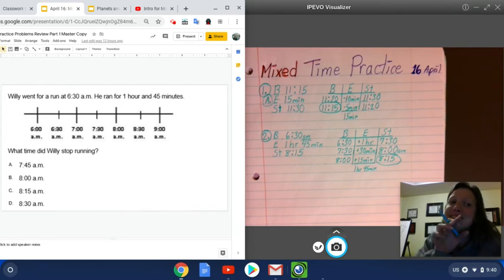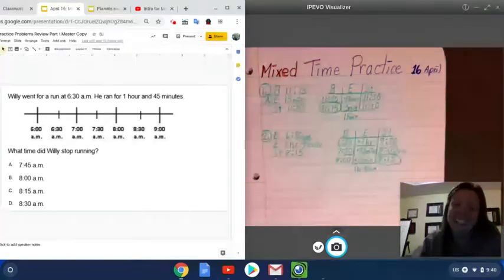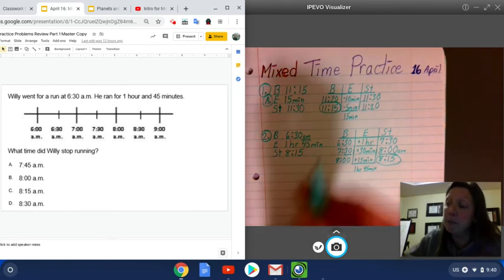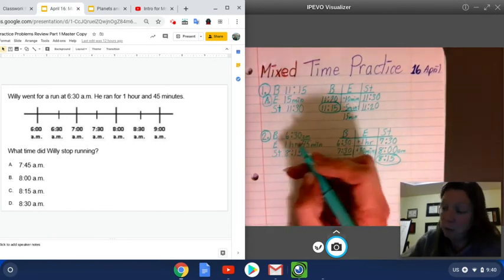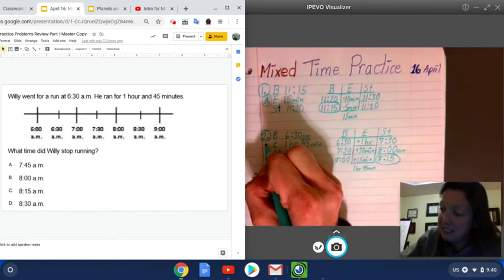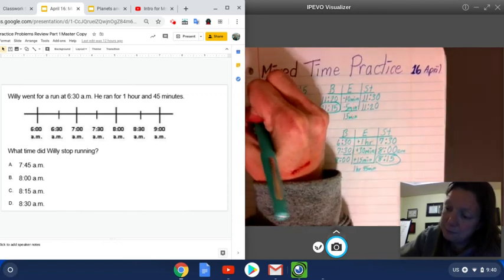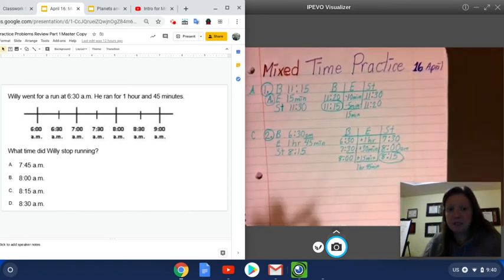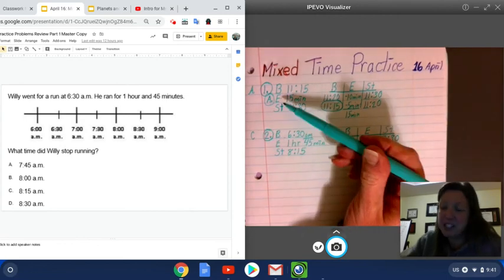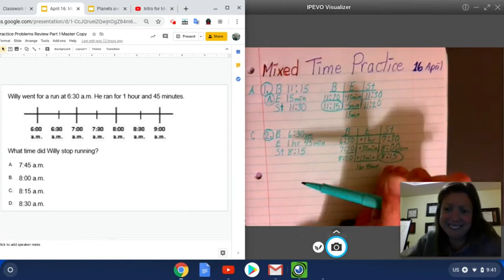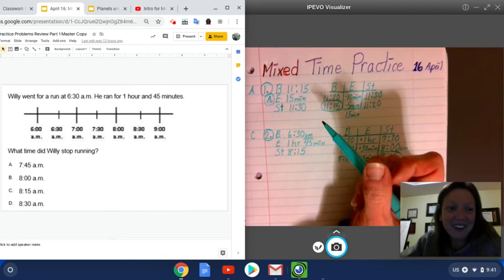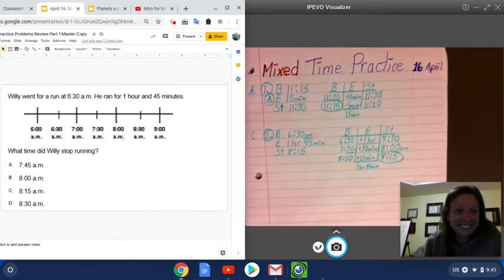But they use that to trick you because it's not on there yet. Well, it's not on the number line. So our answer would be C. And I'm writing them out here just because I forgot to skip a line. So that way we can easily see.